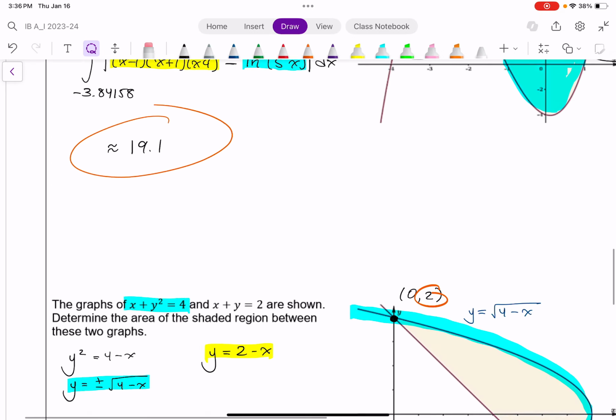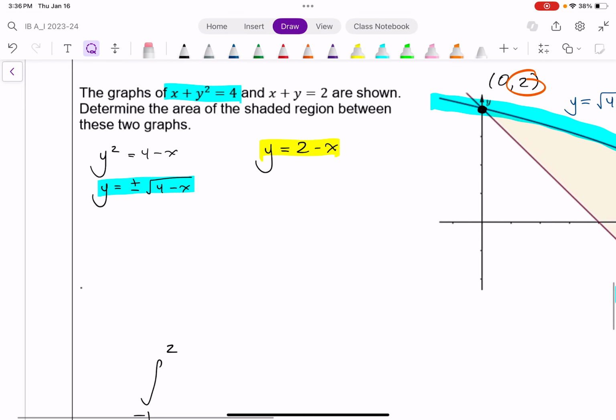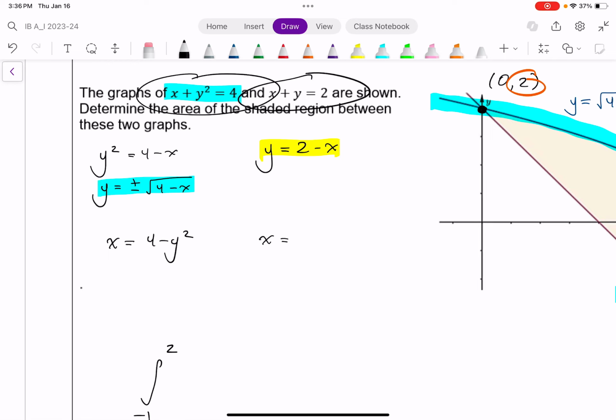And let's solve for x in each of these equations. We're always used to solving for y. And so if I take this here, it's actually quite nice to solve for x. You subtract y squared from both sides, and we get x equals 4 minus y squared. And for here, if I solve for x, I get x equals 2 minus y.